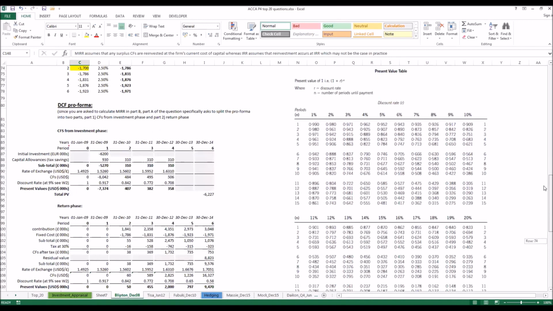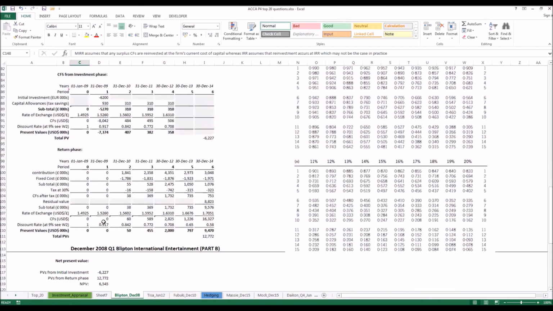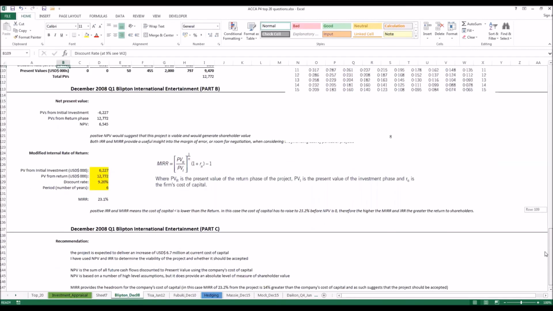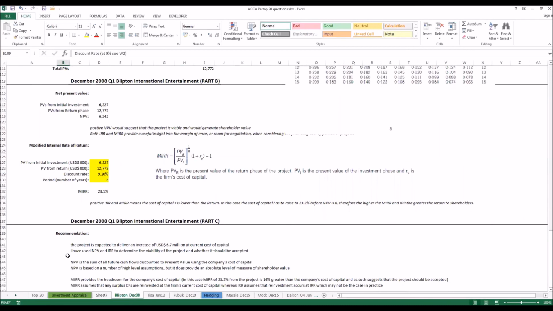So what that effectively says is that the cash flows we generate year on year get reinvested back into the project at the internal rate of return, which in this case would be 23%, whereas modified internal rate of return would say that they are reinvested back into the project at 9%, which is a little bit more realistic. That's all that it means.